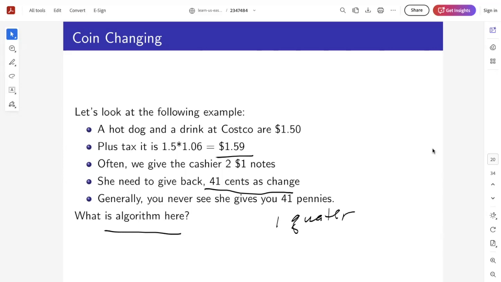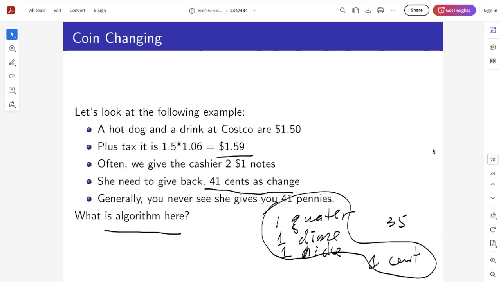And then 41 minus 25, and then obviously you could have 1 dime, because you cannot have 2 dimes. If you have 2 dimes, then it's already 45 cents. So it's 1 dime, which adds up to 35. So 41 minus 35 is 6 cents. So you're going to have 1 nickel, and then 1 cent. That will be the ideal change.